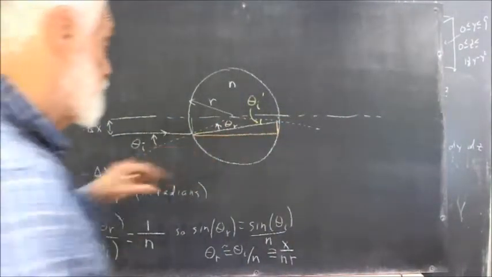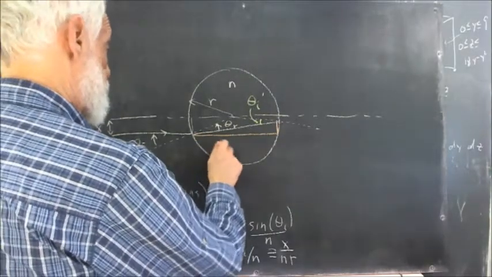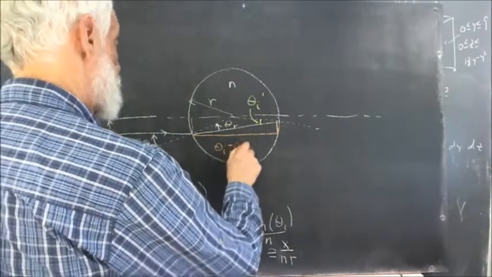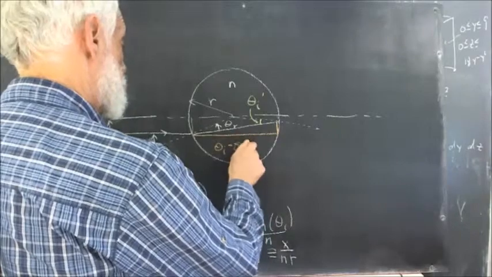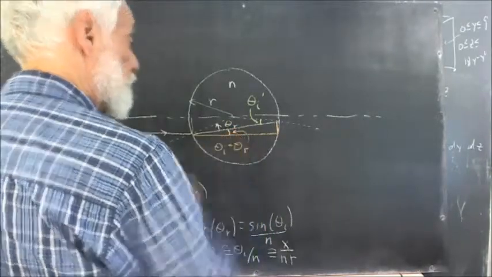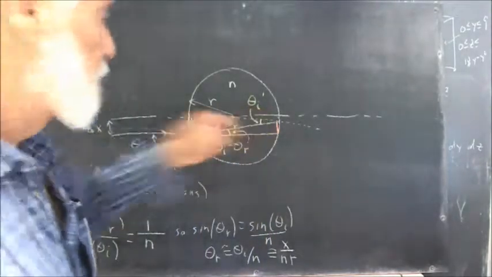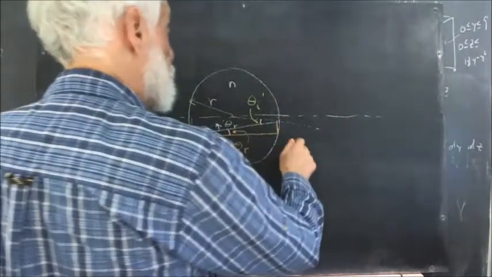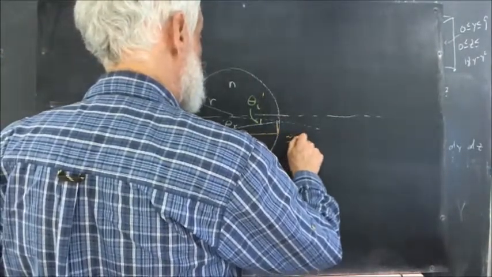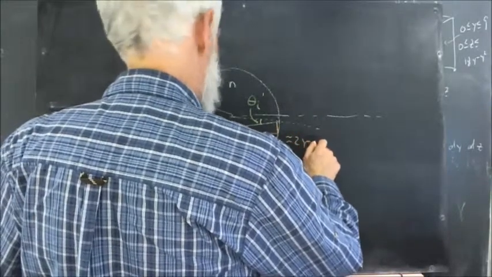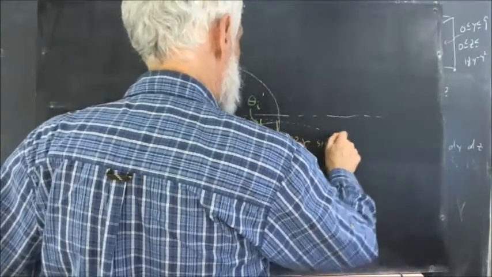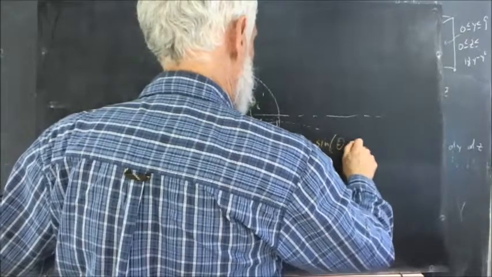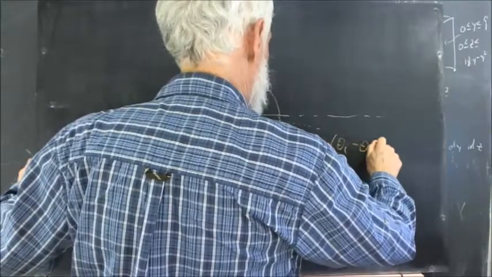And this angle here is obviously theta sub I minus theta sub r. So that's our angle here. So this side is going to be approximately 2r times the sine of theta sub I minus theta sub r.